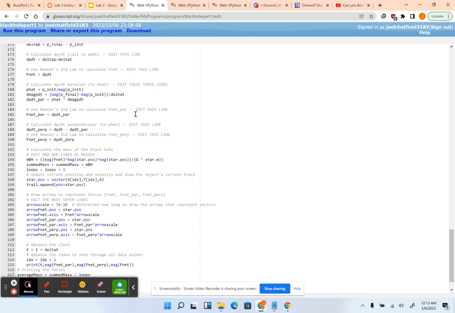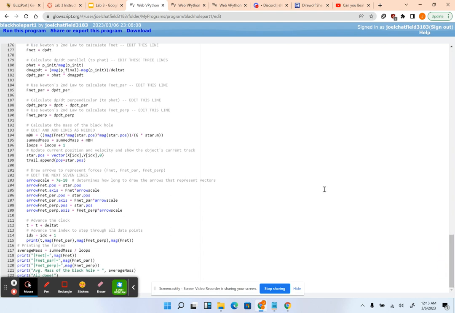And then dp dt parallel is p hat times the derivative of magnitude. That's also the same as F net parallel. F net perpendicular is the same thing as the derivative of momentum perpendicular, which is the total derivative of momentum minus the derivative of momentum parallel, which is going to give you a final number because those two add up to be the total momentum.